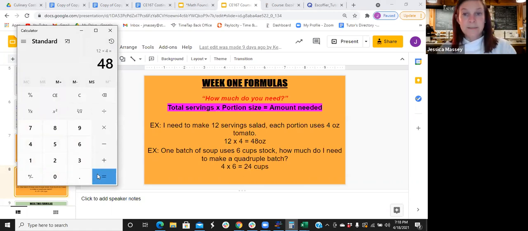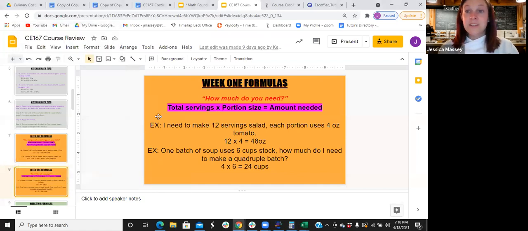And you get 48. Something also to note, and the more in depth we go in this class, the more I struggle with it, so I'm sure you will. I call it fat fingering, where you're putting the wrong number in the calculator by accident. Always be on the lookout for that because it's so easy to do, and you're going to get the wrong answer. So I tell everyone, just do the problem twice in your calculator.